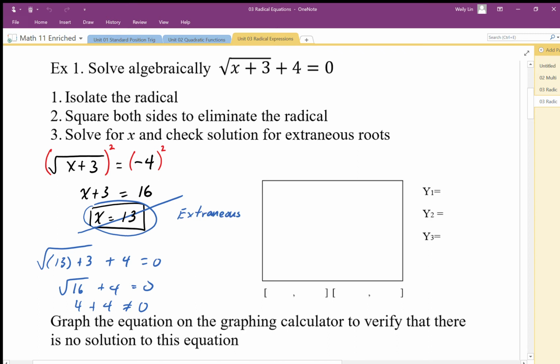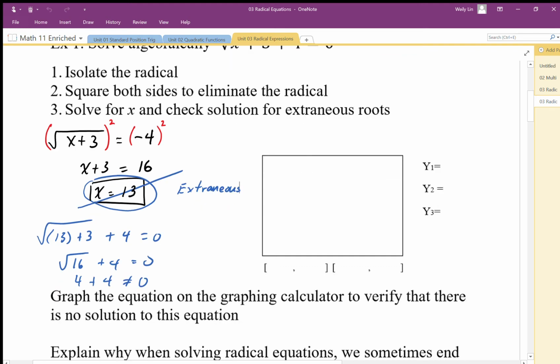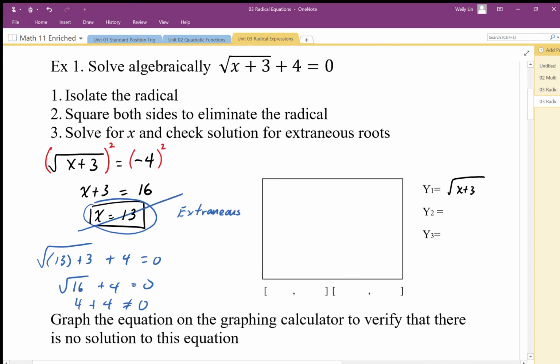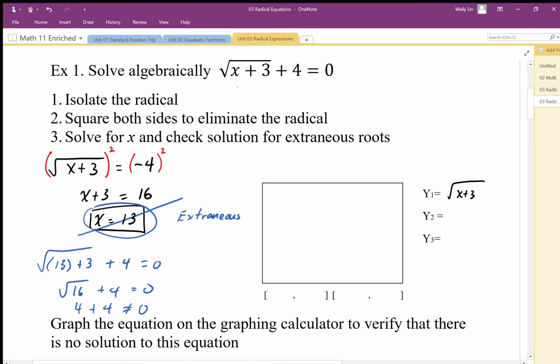Okay, so what does this look like? So why is it that we get an extraneous root? So if we graph this equation, what we're going to do is solve this by just finding the intersection of the square root of x plus 3, and we'll make this equal to negative 4. So we'll just graph the square root of x plus 3 equals negative 4.